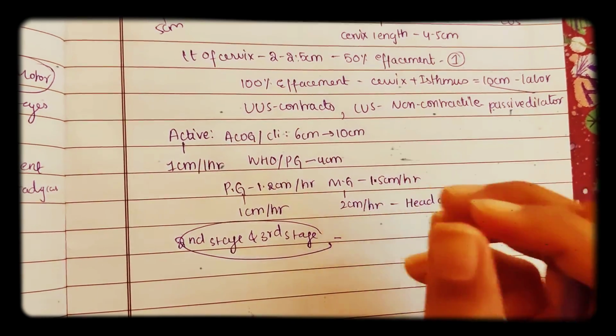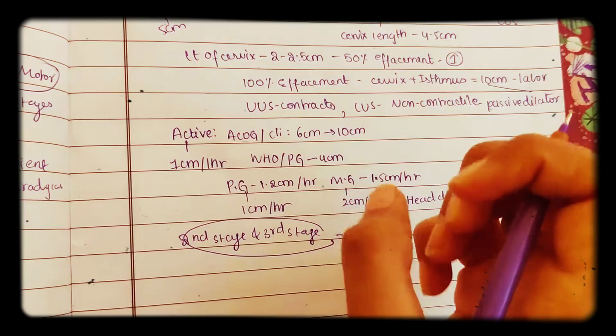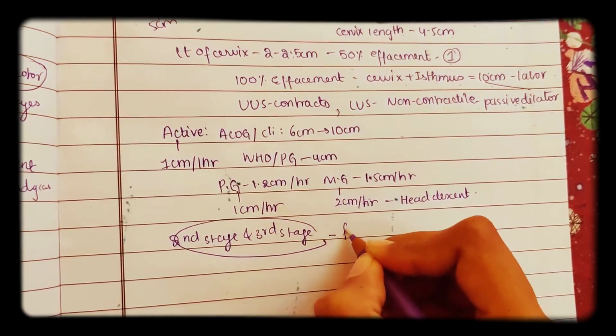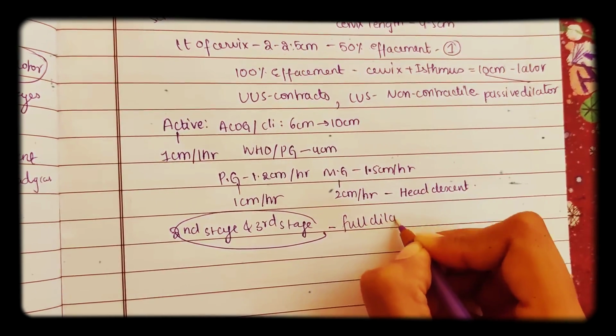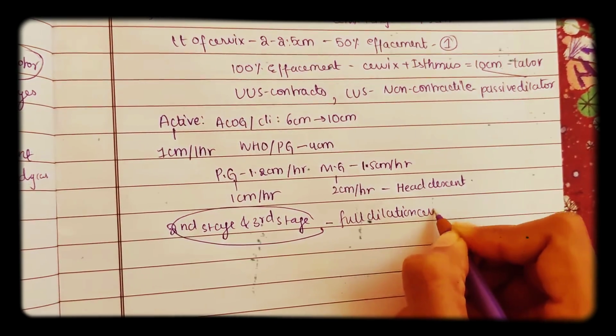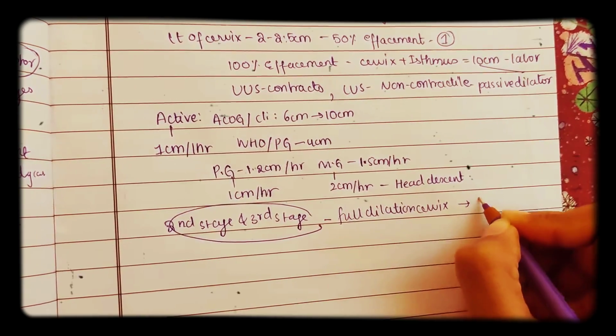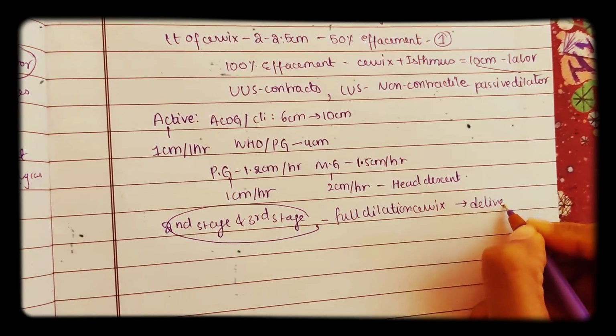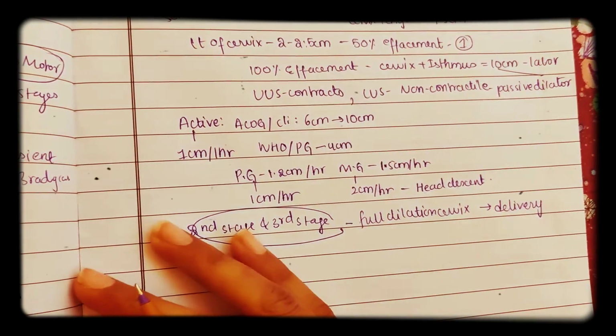So coming to them, it begins at full dilation of cervix and ends with delivery of fetus. So from full dilation of cervix till completely delivery of fetus, you can see there is a delivery process.